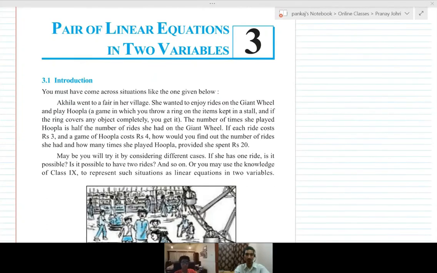You basically have two different variables in the equation. Okay, two variables.